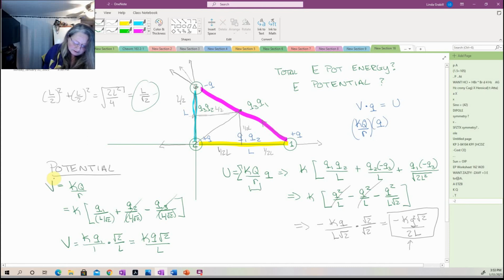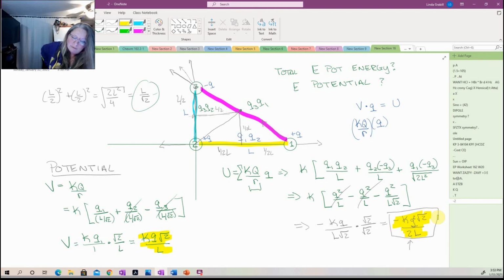So how do these two things compare? I have K root 2 over L, and this thing here, I have K, Q, root 2, but there's an extra Q, and there's a 2L. So how do those compare? Why are they slightly different? Well, they're slightly different because of the distance.